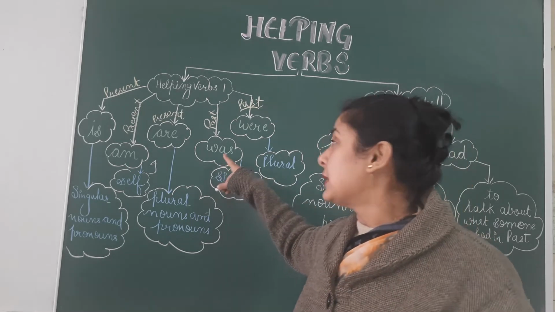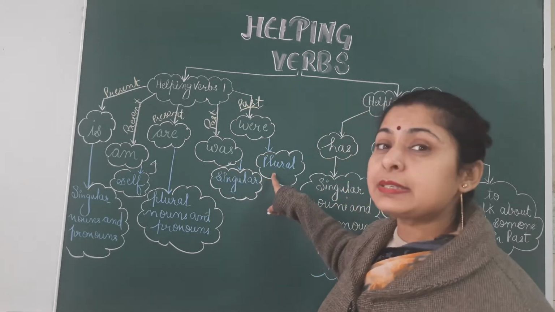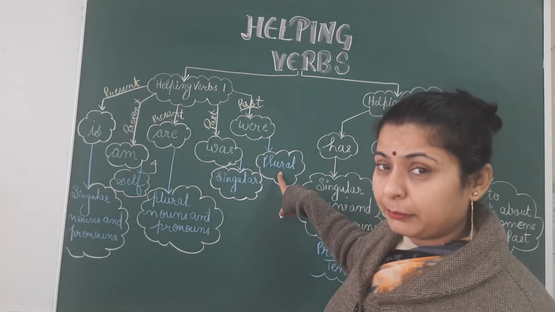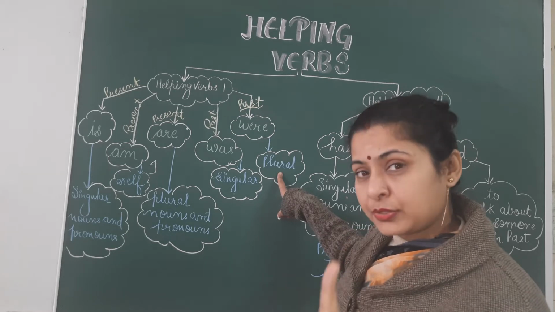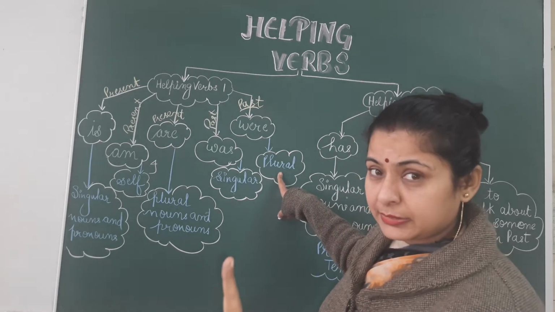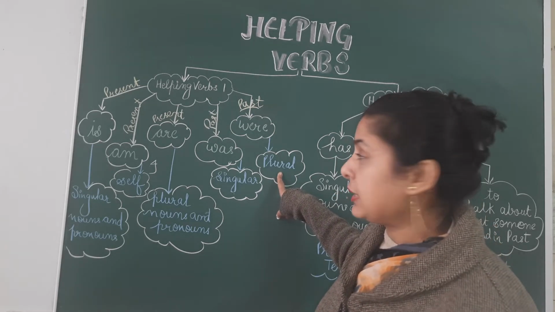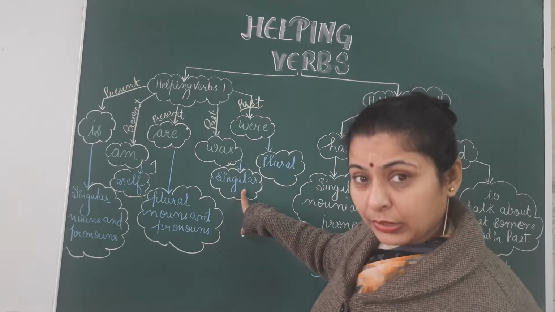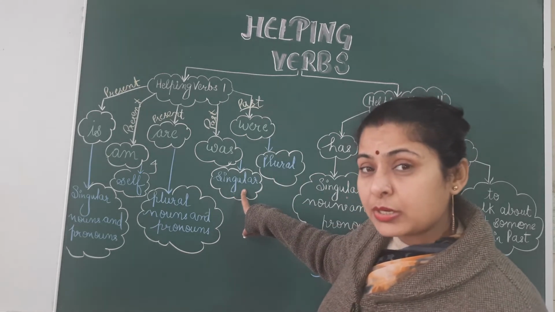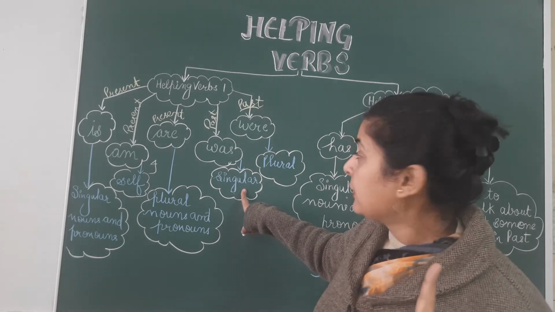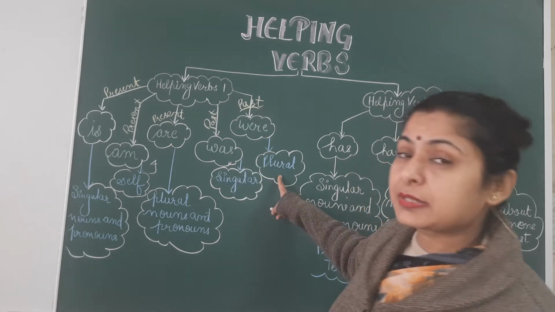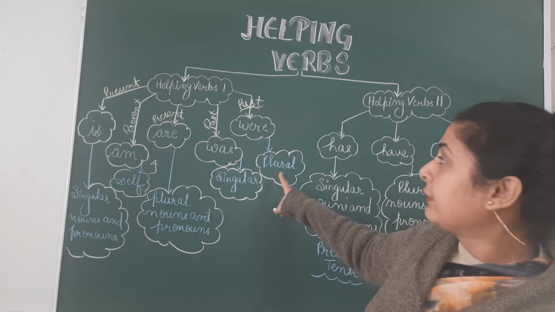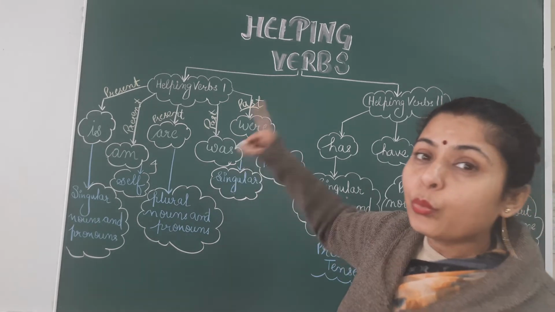And if the subject of the sentence is plural, remember, first of all we will check the tense of the sentence. If it is in past tense, then we will check the subject. If the subject is singular, यानी कि singular naming words, singular pronouns, then we will use the word was. And if the subject is plural, then we will use the word were.